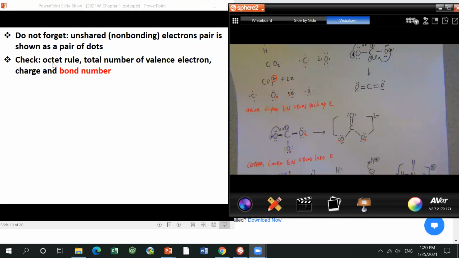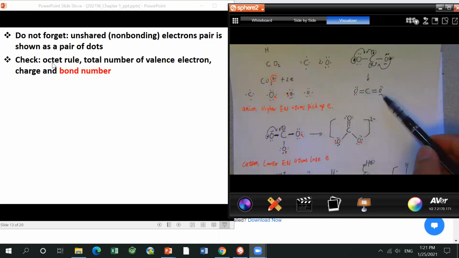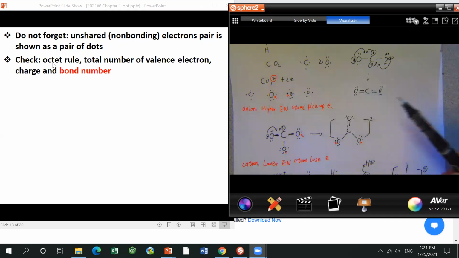Let's still use carbon dioxide. Carbon dioxide has 4 from the carbon and 12 from the oxygen, so 16 total valence electrons. All these 16 valence electrons, you should find their source, either from lone pair electrons or from bonds.